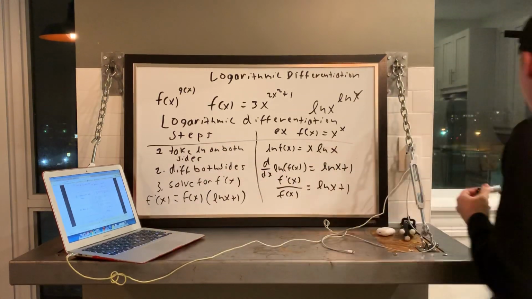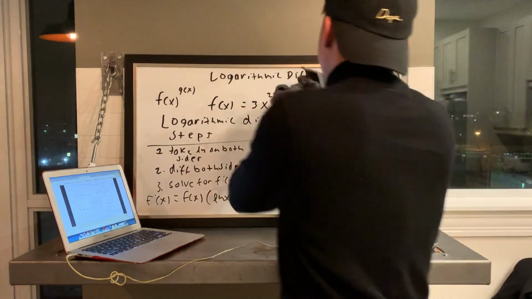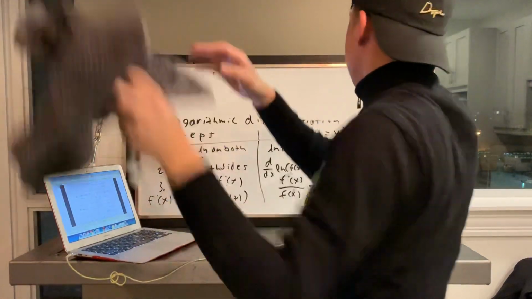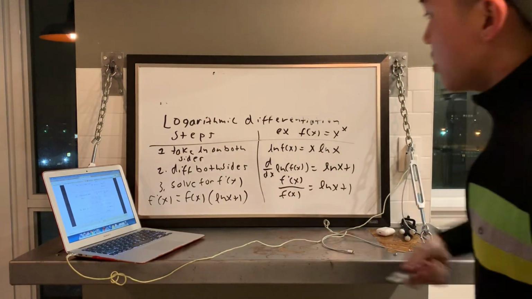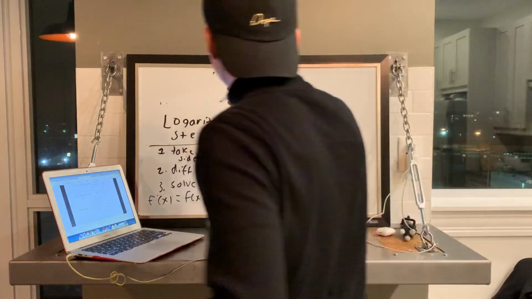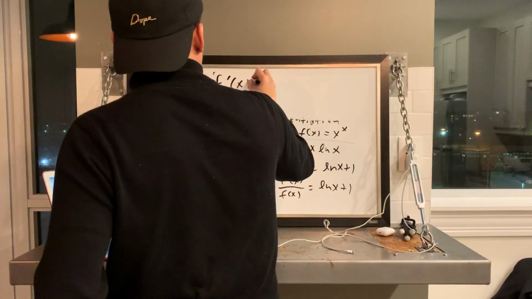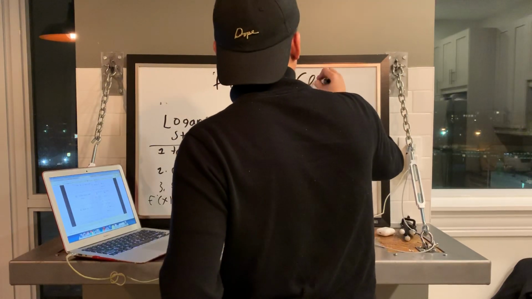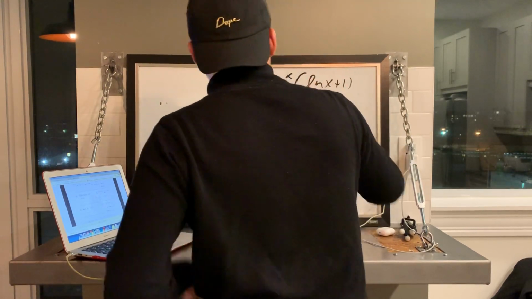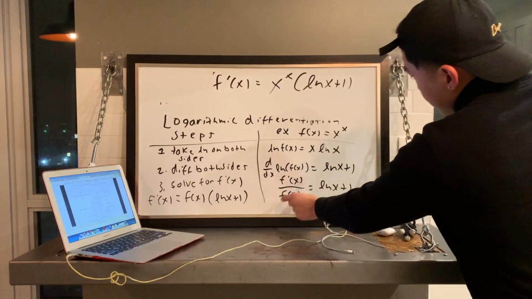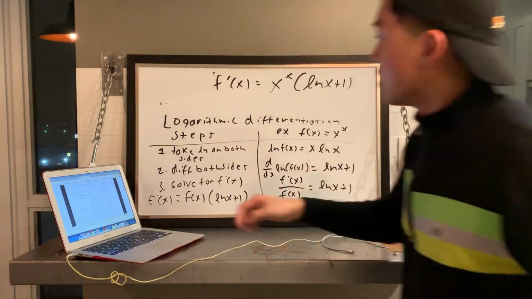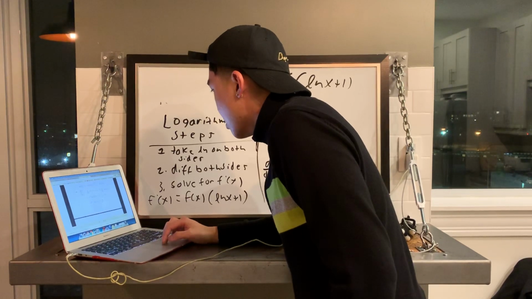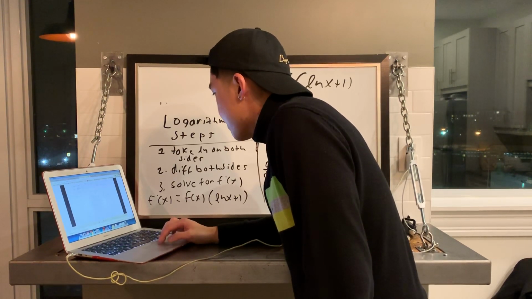So I could write my answer as f prime of x is equal to x to the x times ln x plus 1. Because you solve for f prime of x, you multiply both sides by f of x, right? So that is a freaking beast. Nasty.